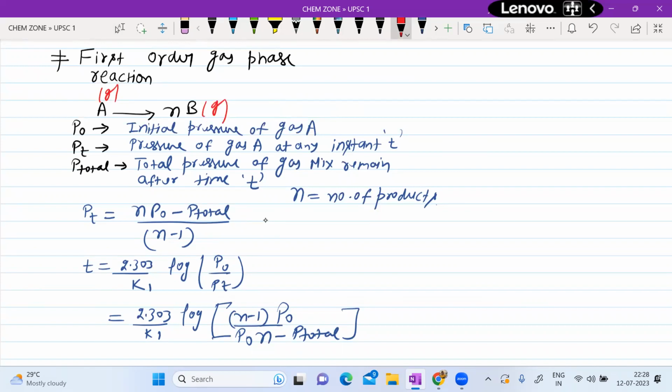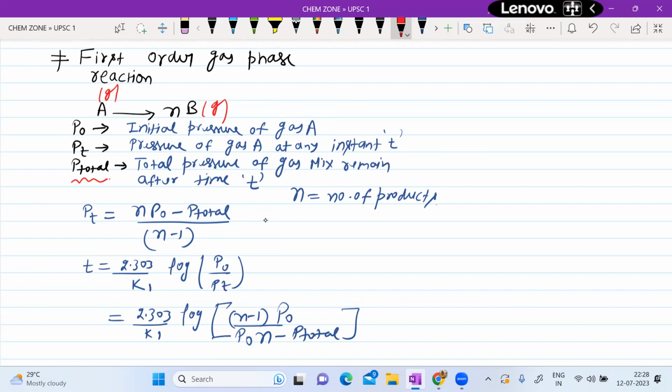After some time, the pressure of A is given as Pt, and we know that after some time we get a mixture of gas, and in a mixture of gas it is very difficult to calculate the individual pressure. So it is easy to calculate the total pressure of the gas mixture in the container. So P total is the total pressure.